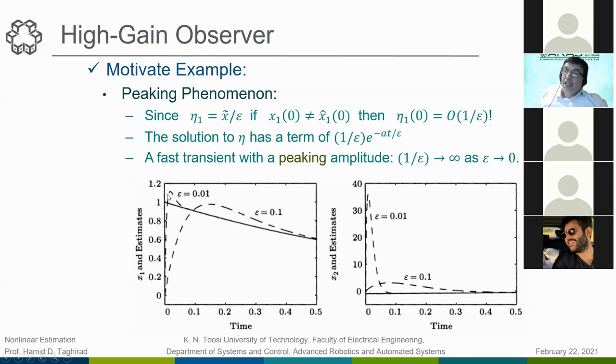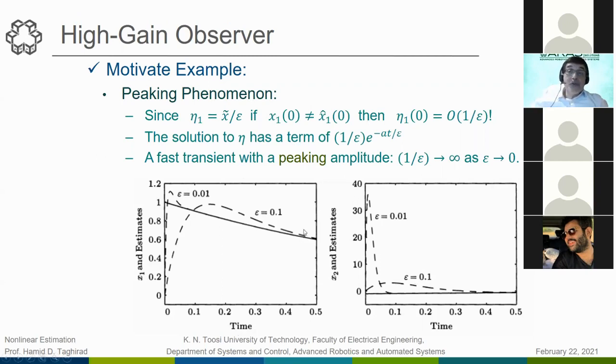If you consider x1, it is not that bad on x1, but on x2, which is the derivative, you will see a peak of about 40 units. If we normalize everything, we have a very high peak at the beginning, and this might even interrupt the system.